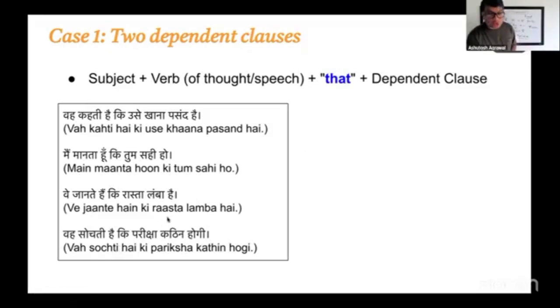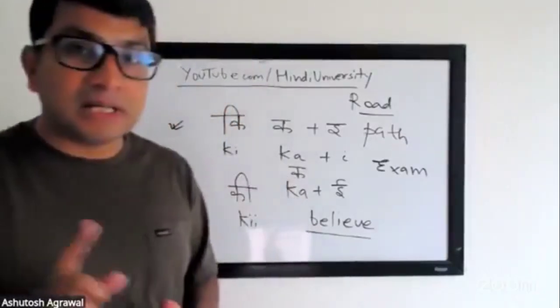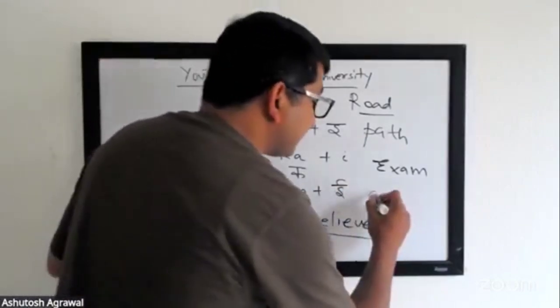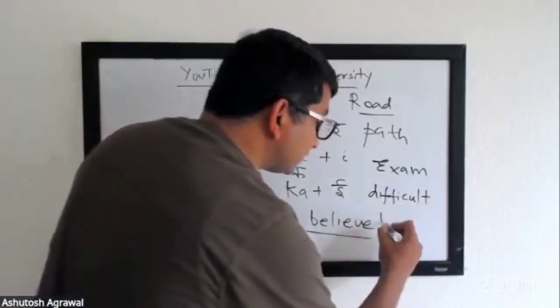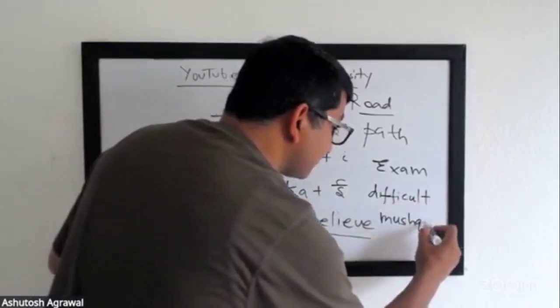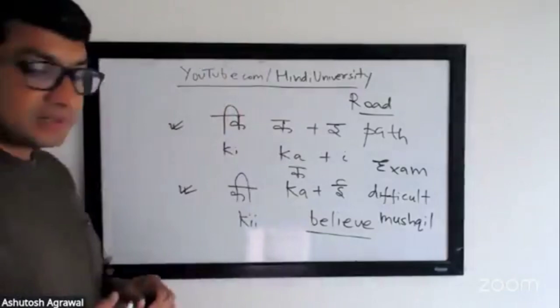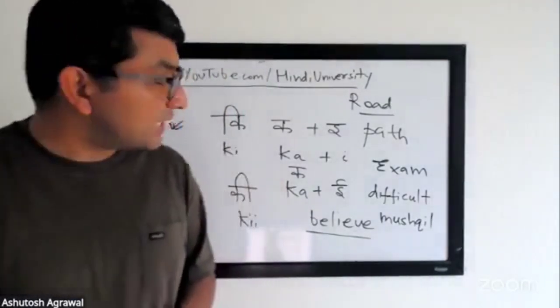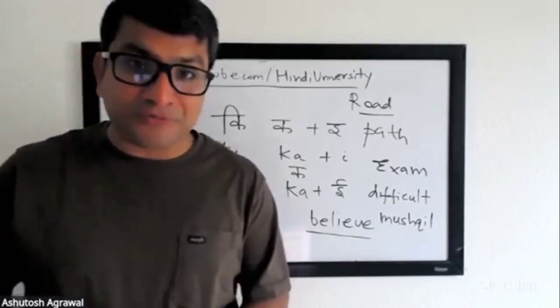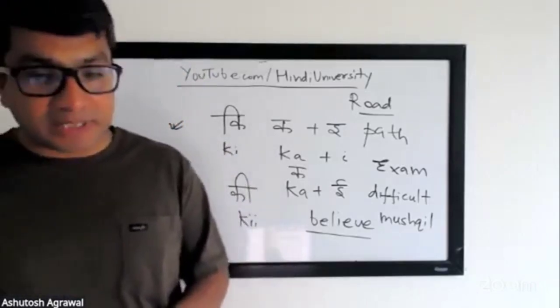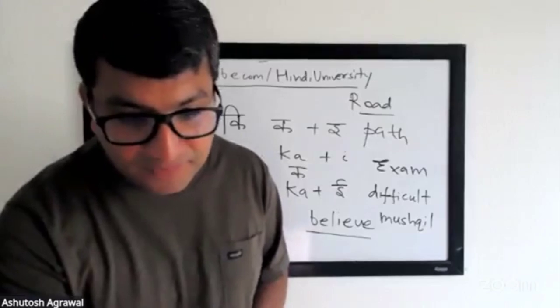If it is वह सोचता है, he thinks. वह सोचती है कि परीक्षा, pariksha is exam, kathin, it's difficult. You may have heard of the other word as well, which is mushkil. Exactly. So pariksha kathin hogi, or mushkil hogi. You can use either if it's hard for you to remember kathin. Any questions so far?